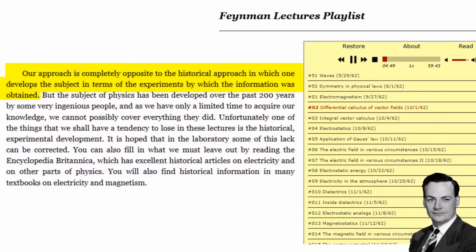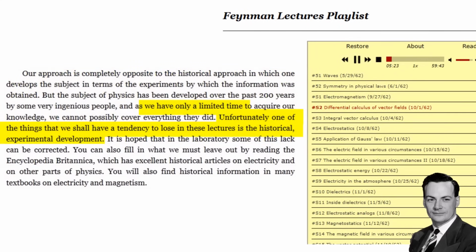Even worse, Feynman created a new and terrible way of teaching physics. Feynman said that his method of teaching is completely against history, and it's often complained about that physics courses should be in terms of the experiments by which the information was obtained. His reason for stripping physics of its motivation was, "It's necessary to learn all this physics in a limited time.